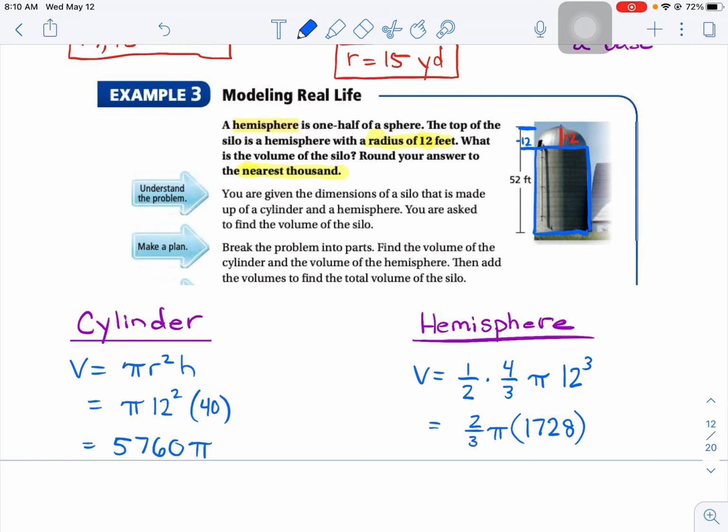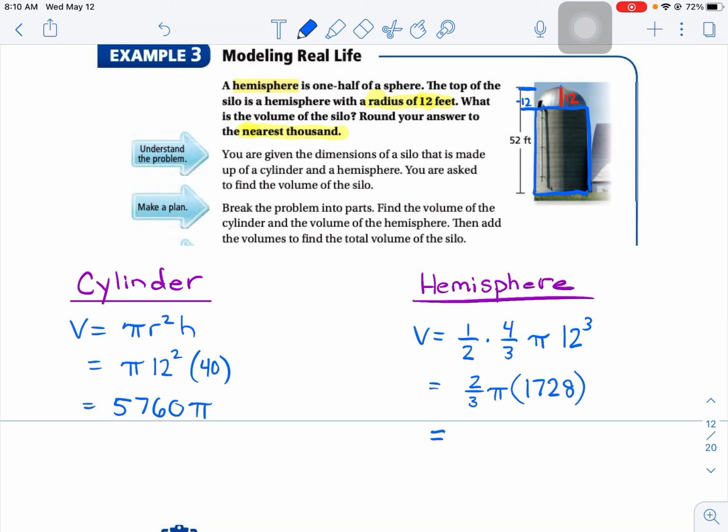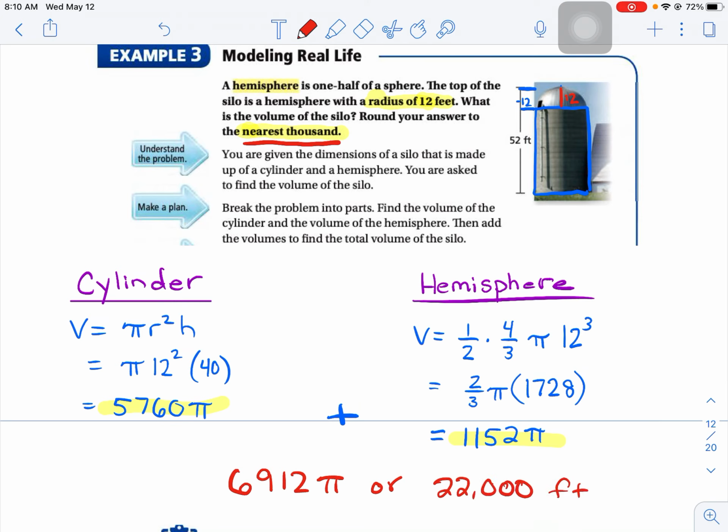I'll multiply that by my 2/3, and that gives me 1,152 pi. If I add those 2 answers together, I would end up with a total of 6,912 pi. If I evaluated that, to the nearest 1,000, that would give me 22,000 feet cubed.